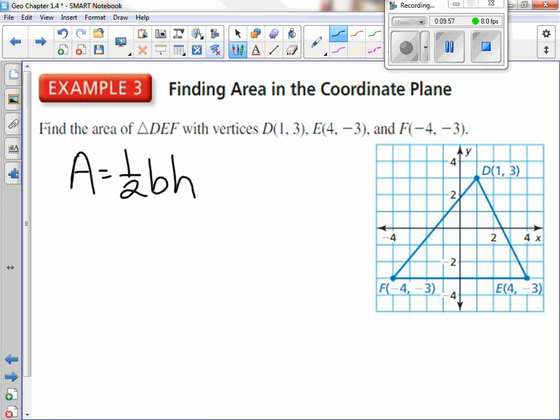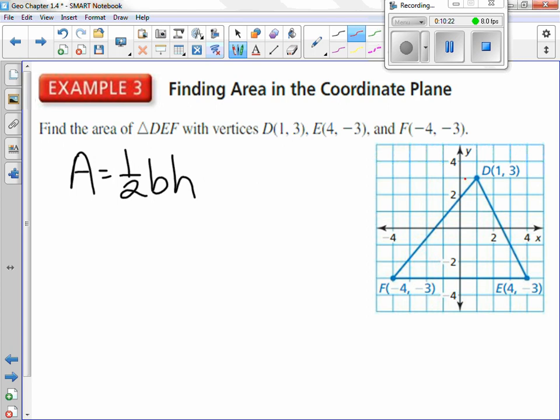The vertices are the points where the lines meet, yes? If you can draw a line from the vertex to another side and it makes a right angle, that's going to be the height. So with a right triangle, those two sides that make that right angle are the base and height, B and H. Here, we don't have it. We don't have a base and height.